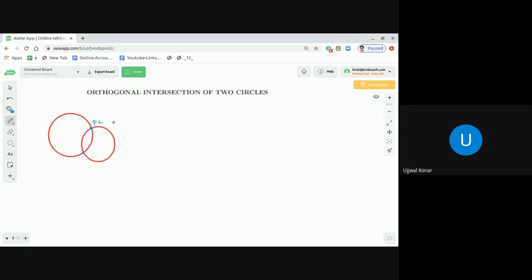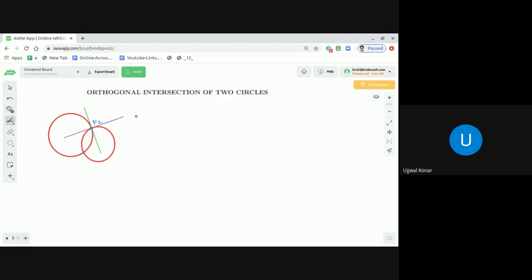Now, dear students, at that point P1, we can draw tangents to both the circles. Suppose I draw a tangent to the first circle in the green color. So this will be the tangent. And for the second circle, I draw the tangent in the purple color.